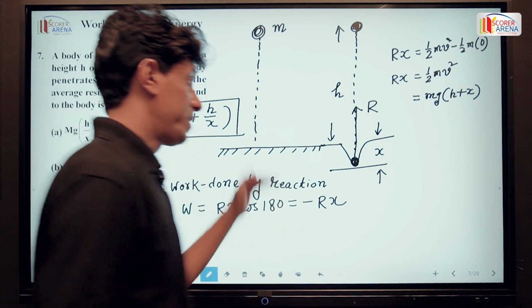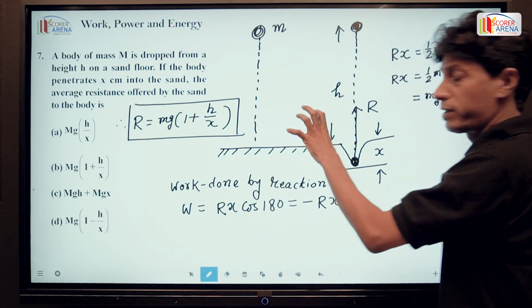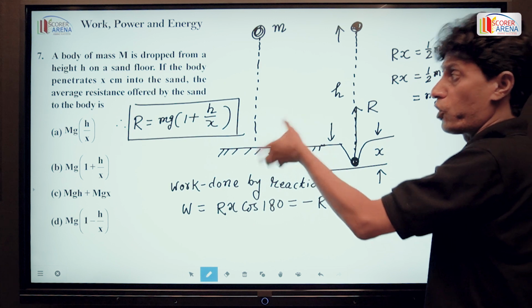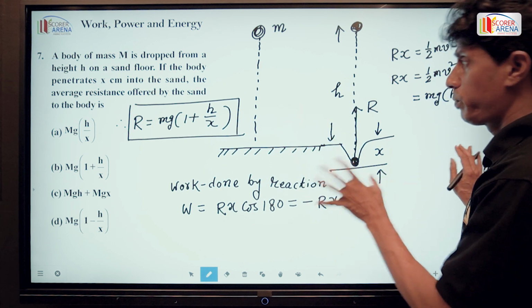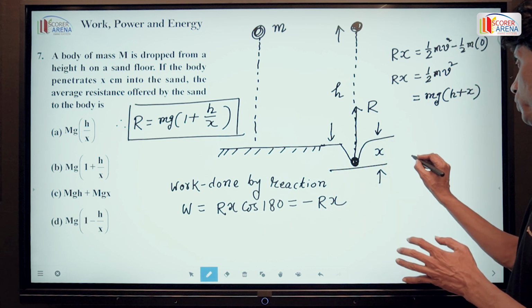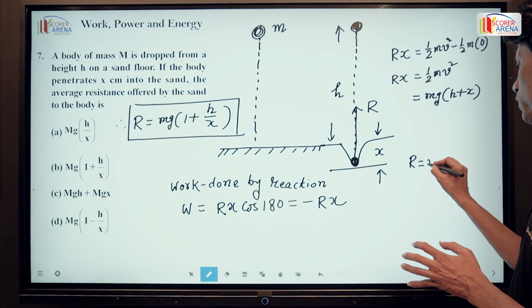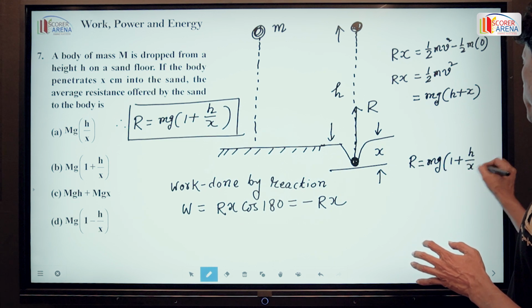Let us think, if sand is replaced by a concrete floor, what happens? In the case of a concrete floor, the reaction is mg(1 + h/x).